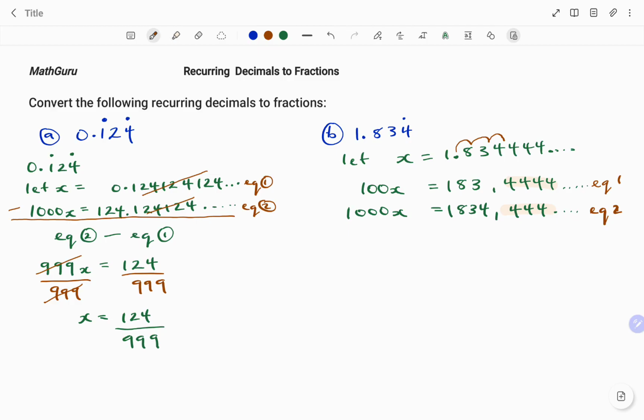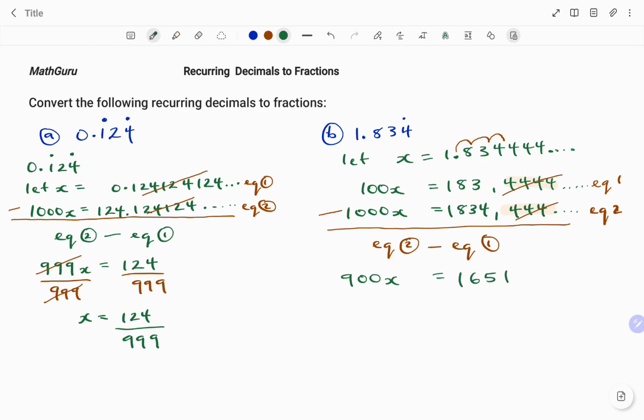So I have my two equations. If I say equation 2 minus equation 1, on my left hand side, 1,000x minus 100x is 900x. Because I have the same set of values in the decimal part, this cancels out. Then I'm left with 1,834 minus 183, which will give me 1,651.